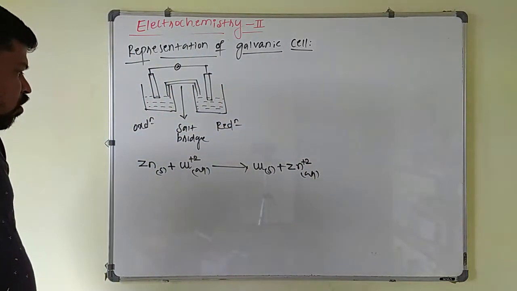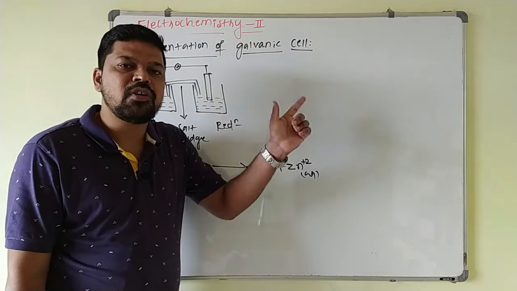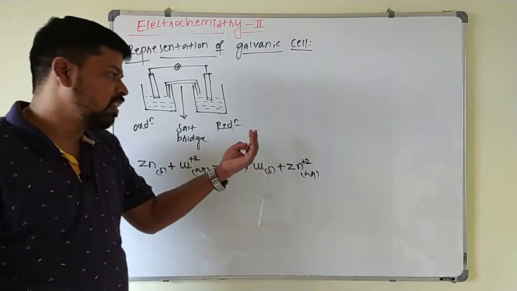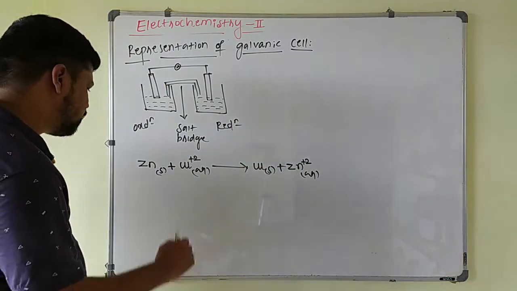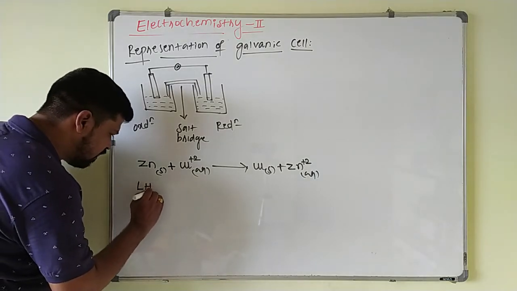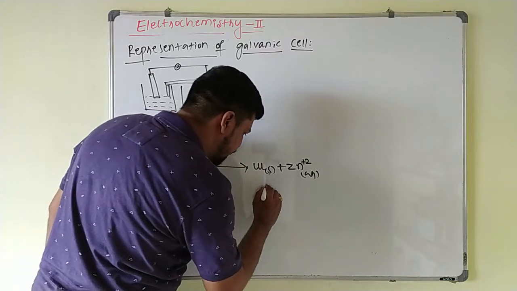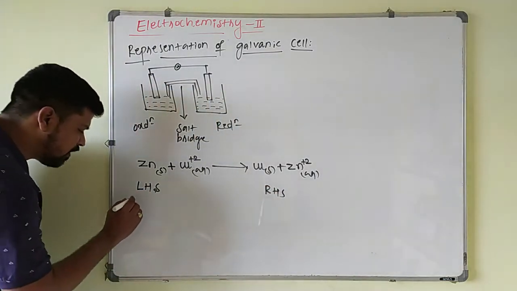Zinc is undergoing oxidation and copper is undergoing reduction. The oxidation half cell is represented at the left hand side, the reduction half cell at the right hand side. So at the left hand side I will write the oxidation half cell, and at the right hand side the reduction half cell.